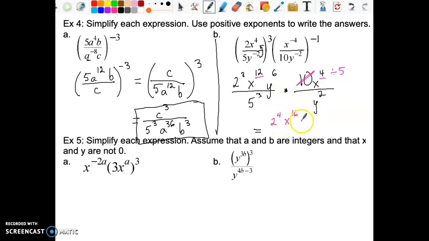And then it's going to become y to the fourth in the numerator because 2 of these will cancel out. So 6 minus 2 is how I did that. I'm also going to divide this by 5 because if I divide the numerator by 5, I need to divide the denominator by 5. So now it's just 5 squared in the denominator because I got rid of one of those 5s.